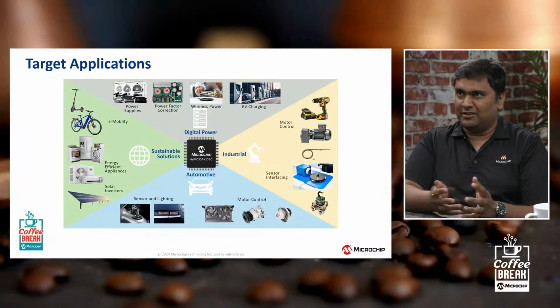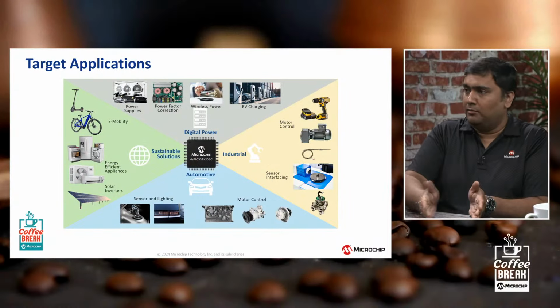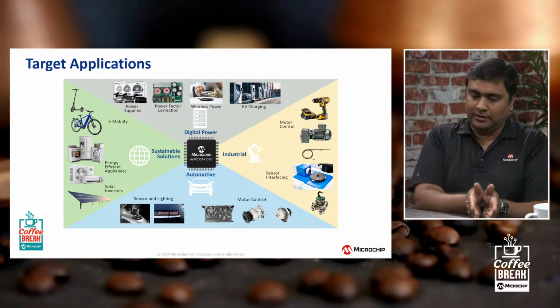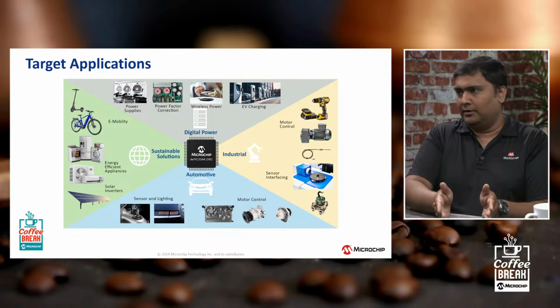So let's talk about those markets and applications. Where do you think the dsPIC33A really excels? Well, that's a very good question. The dsPIC33 series has been around at Microchip for over 2 decades now. We have lots of applications in automotive, for example, motor control, because there are anywhere between 40 to 100 motors in modern cars, whether it's an internal combustion engine or an electric vehicle, which of course has even more.